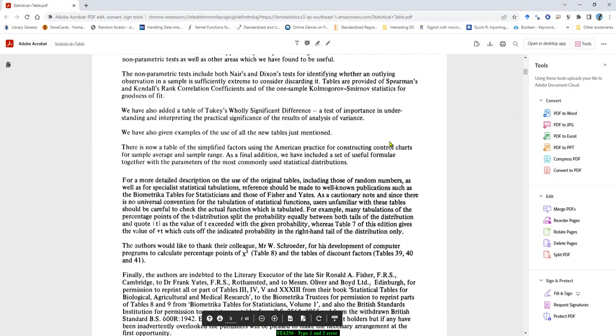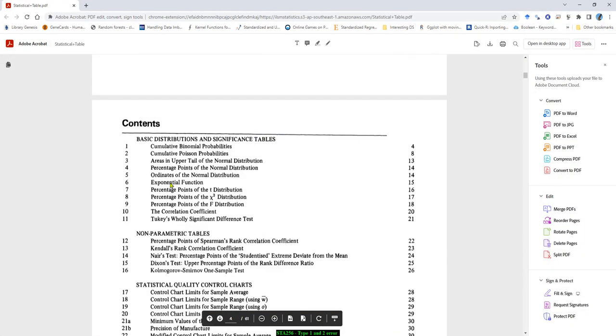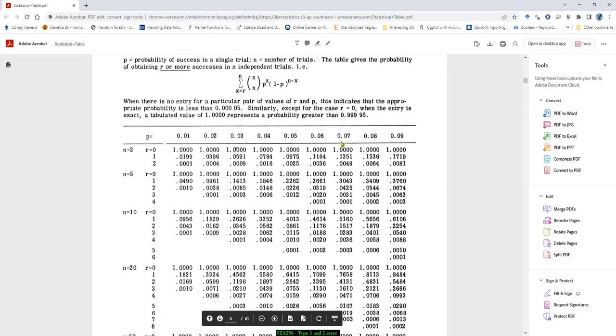If you look at the statistical table, you know how to read it, right? Binomial distribution is table number 1.